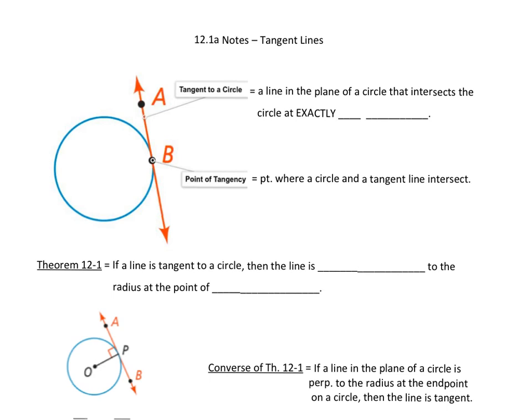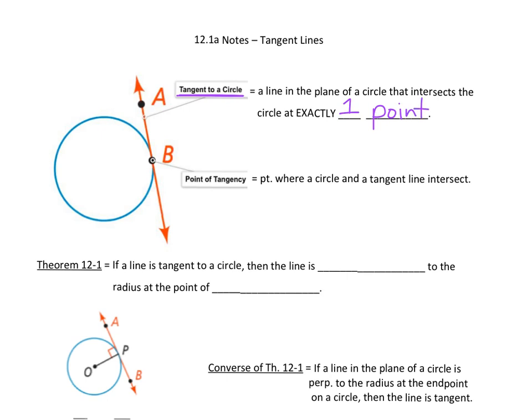12.1a is, they're both tangent lines that we're going to be dealing with. It's not SOHCAHTOA. It's not tangent like that. It is a particular type of line, and you can see it in this picture right here. When we say something is tangent to a circle, which is what you're seeing here, that is a line in the plane of a circle that intersects the circle at exactly one point.